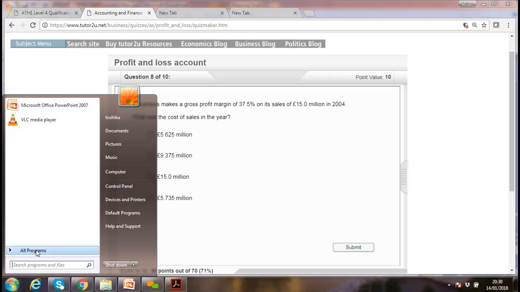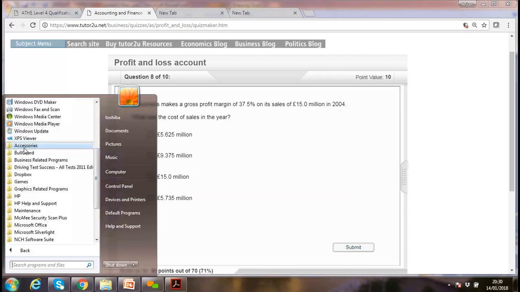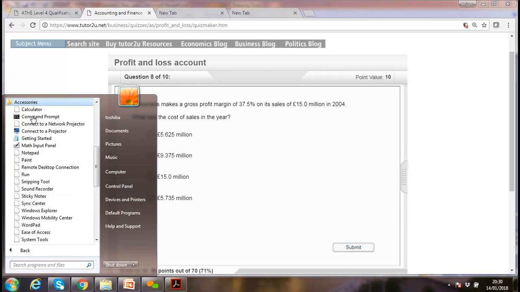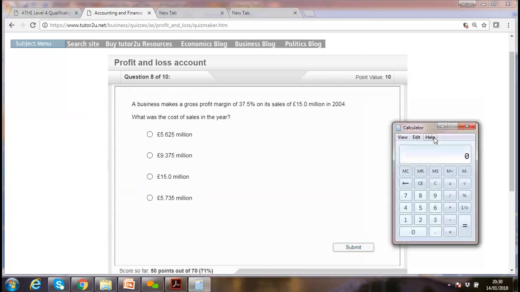So if you use a calculator, yes, under accessories if you are using a computer. So look there, 15, because my profit is 37.5%. Look there, always everything is 100%.